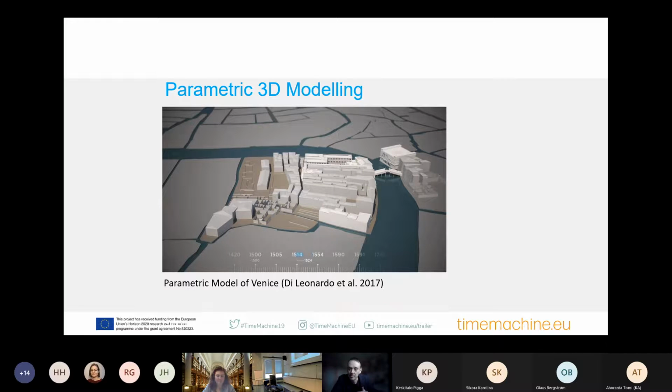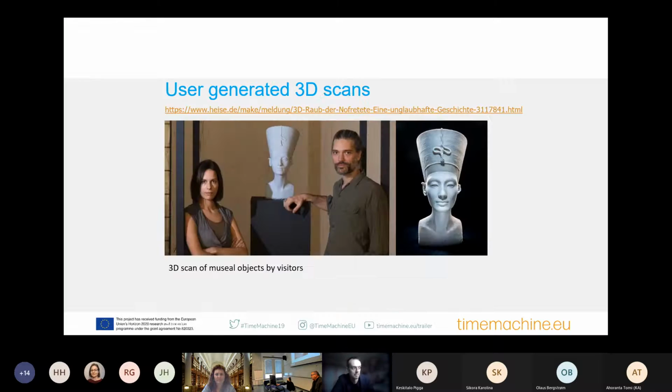So for instance, it's about using parametric approaches for 3D modeling, which means defining a kind of rule set for describing historical houses, for instance, and therefore enhancing the efficiency of modeling and making it much quicker. And now we are connecting a little bit to the question of copyrights.